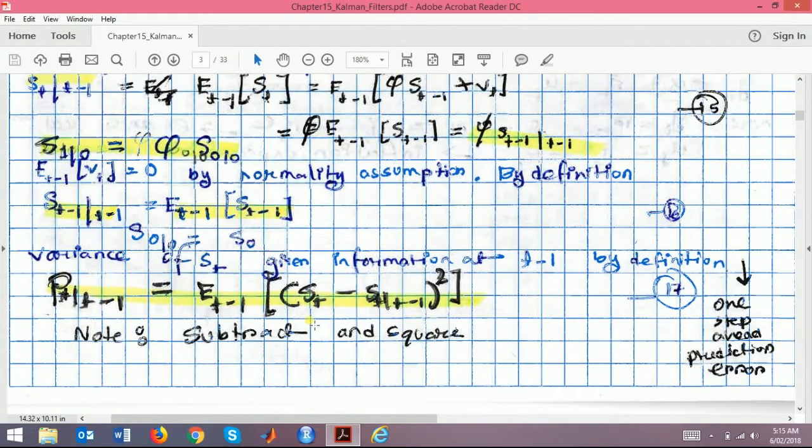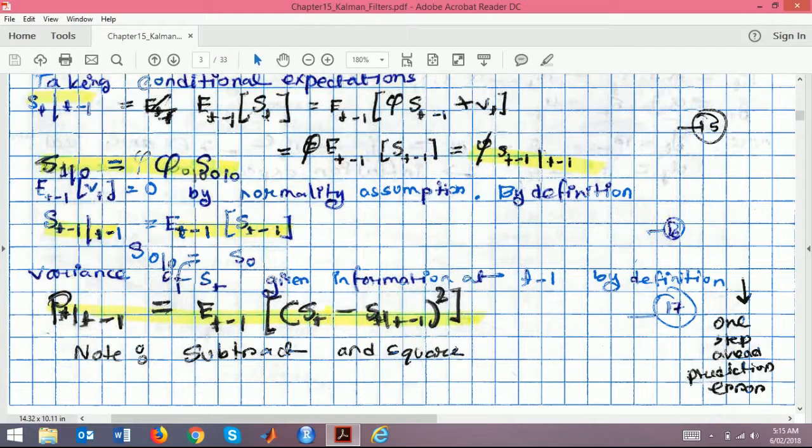The variance of st given information at time t minus 1 is by definition presented with capital P, pt, conditional on time t minus 1. It takes the last period's expectation, which is simply the difference between the current st minus st conditional on t minus 1.